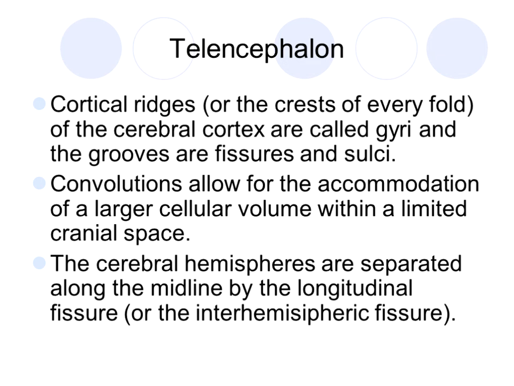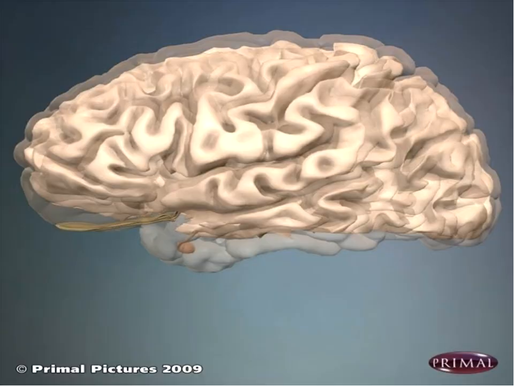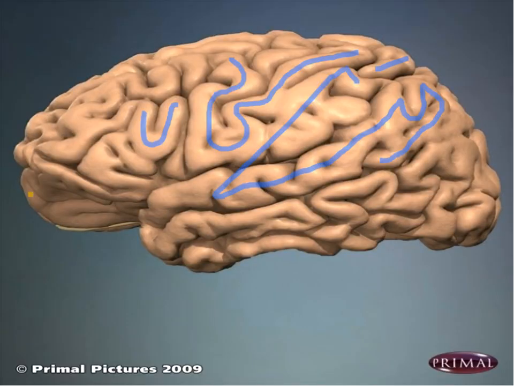Now, so we already talked about the convolutions. Really the ridges. That's what I should call it, because I said convolutions, but it's not. The convolutions are the sulcus. And so if we go back and look at this, these raises that we see are gyri.